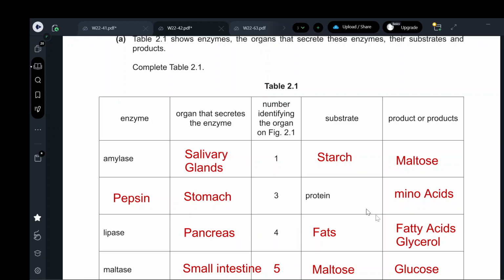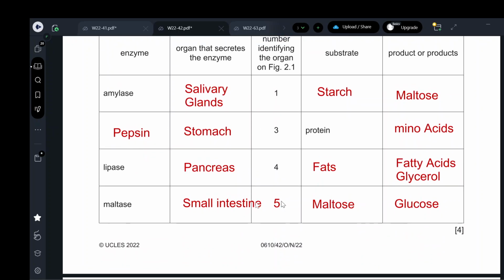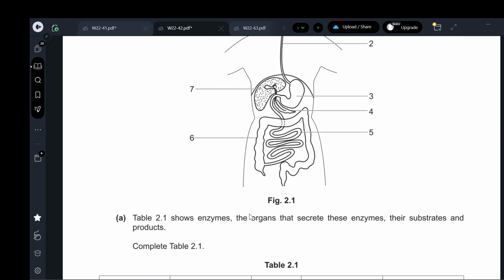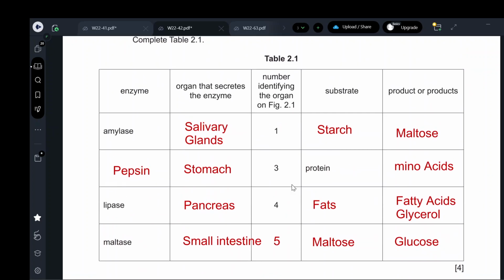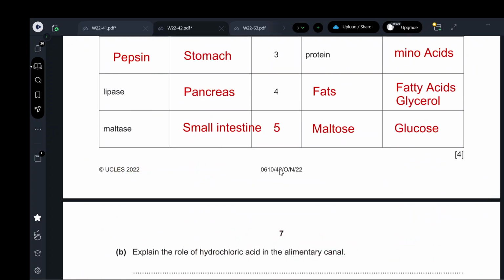It gives out lipase which digests fats into fatty acids and glycerol. The last one, maltase enzyme, is released from the epithelium of the small intestine, which is number 5, and it digests the maltose sugar into glucose.